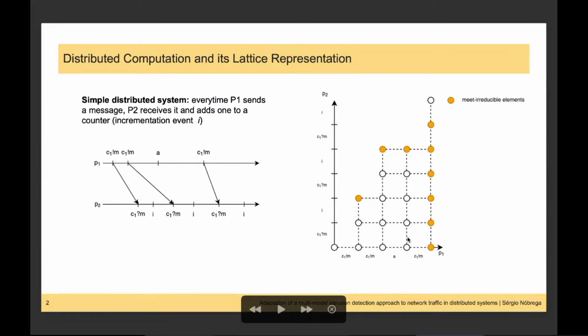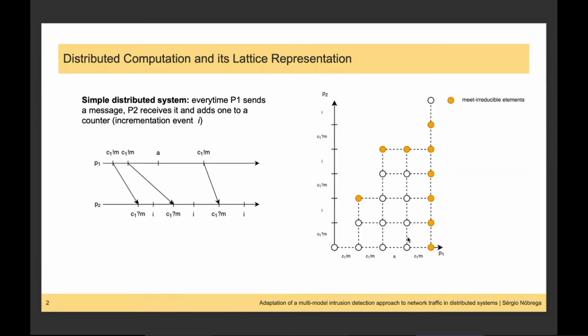So there's a dependency between the processes, and this structure, while very simple, allows us to capture the essence of the computation, the partial order, and the concurrency in this distributed system. That's why it's very interesting.